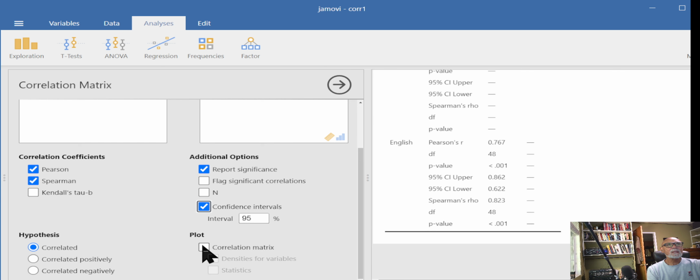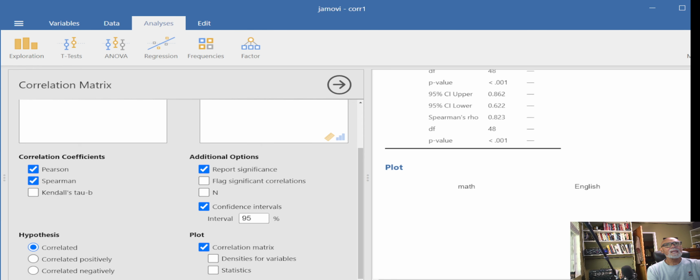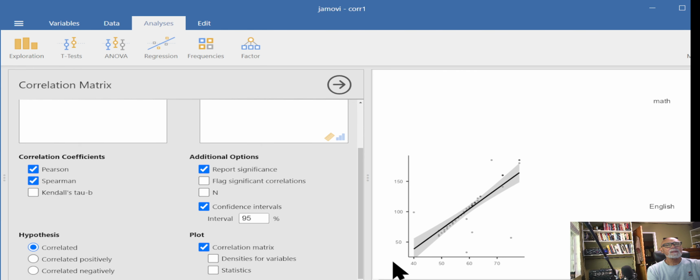And we can go here for a plot where we can look at our correlation, and this line here is a line of what we would estimate with these two variables.